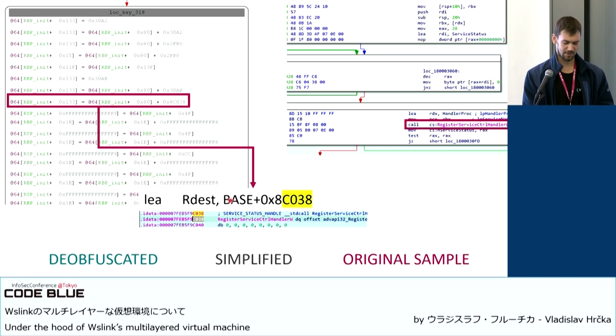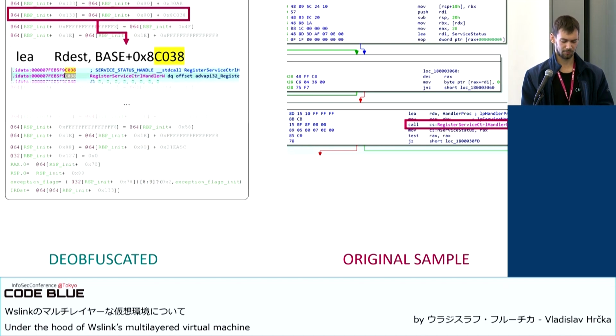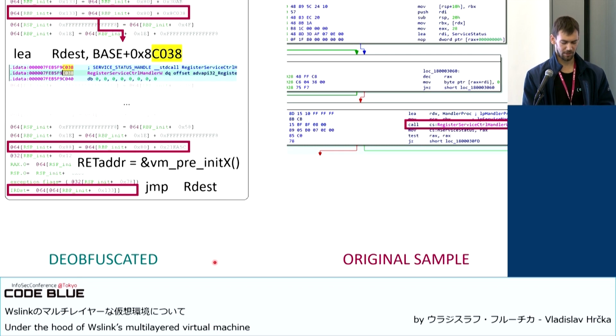Again, we use the base address register to find the current address of the API call and store it inside of a special internal register at offset 133. And now if we follow the register, at the end we see that we actually jump into its address, and this basically performs the call.